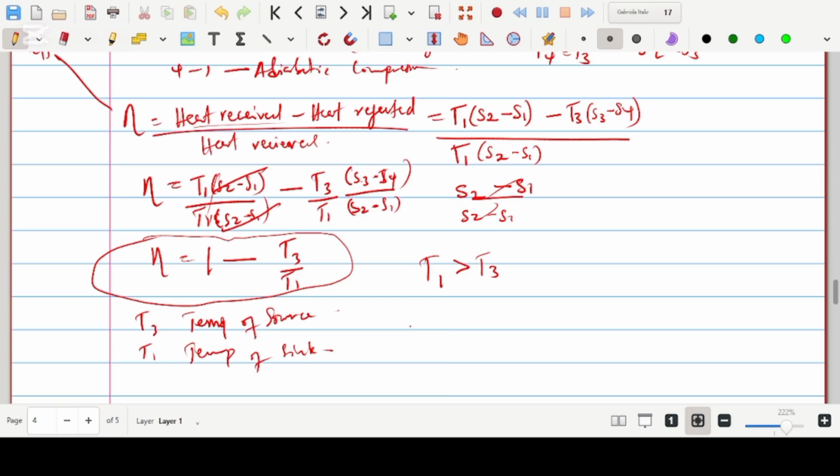It simply means that the higher the sink temperature, the more the efficiency. That's all about thermal efficiency. Don't forget, T3 is the temperature of the source, then T1 is the temperature of the sink. Is that it?